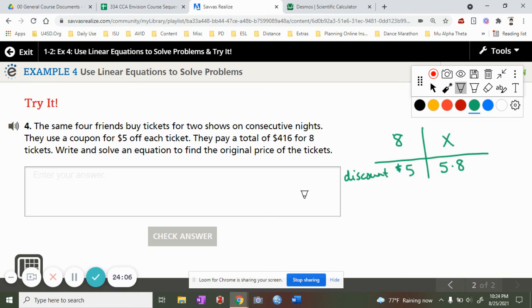Okay, and then what is the total cost? $416. So I'm going to do the number of tickets times the price of the tickets and then subtract off my discount. Okay, see what you get.